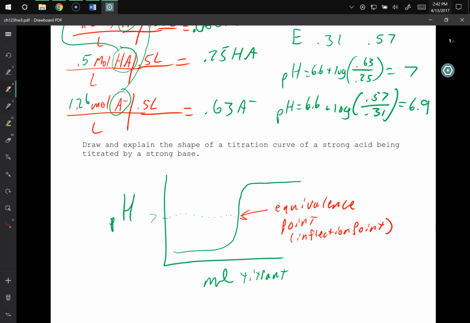Anything you want to add to that? Milliliters of titrant. So in this case, you could say milliliters of sodium hydroxide. Or just hydroxide.